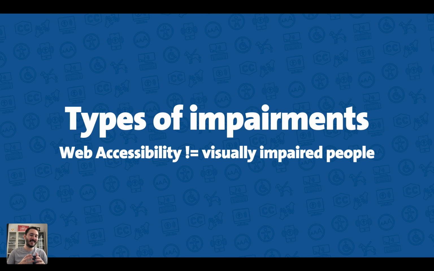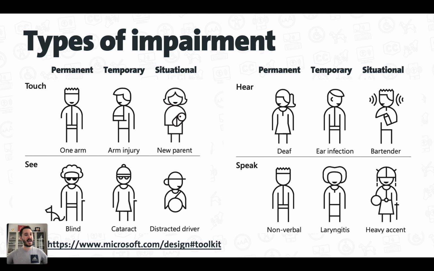You might have made the mistake of thinking that web accessibility is only about visually impaired people, specifically blind people. But we know that there are a lot of types of impairments. We have touch, hear, speak, and see-based impairments, and we can classify them as permanent, temporary, or situational.